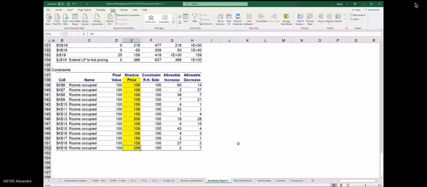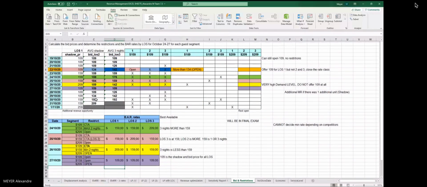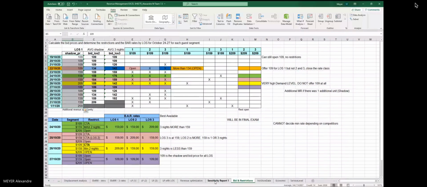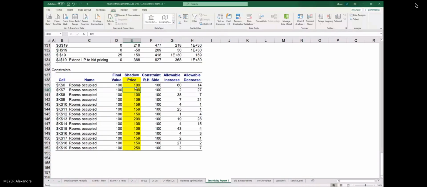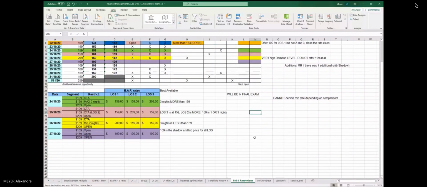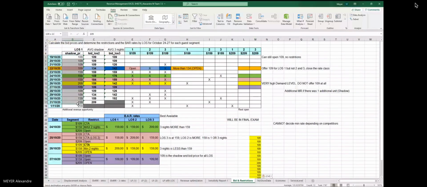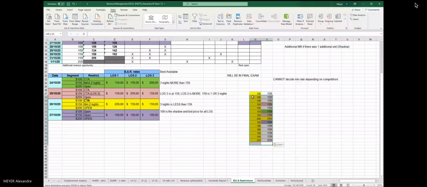And assume now you put in your shadow prices. I just pasted them here, okay? To do this example, I took these values from the shadow price on the sensitivity report. When you click on it, you'll see that the values I have are completely identical. So here, that is your shadow price for LOS1.